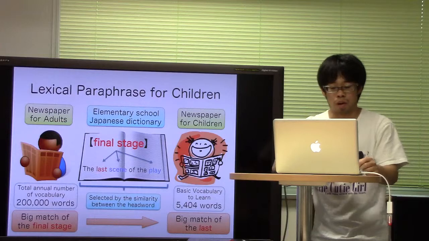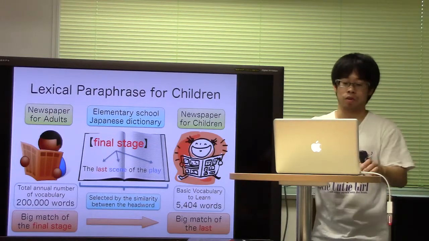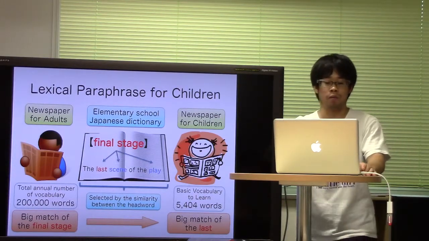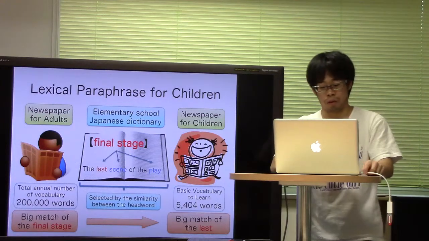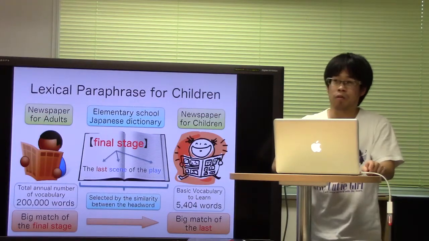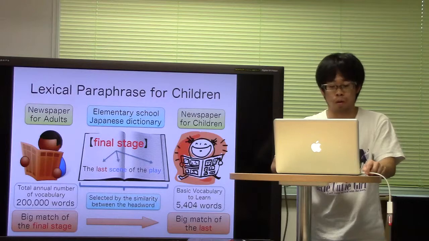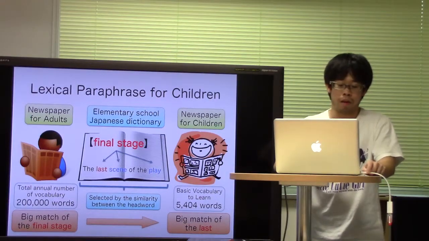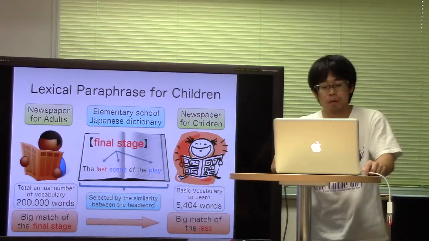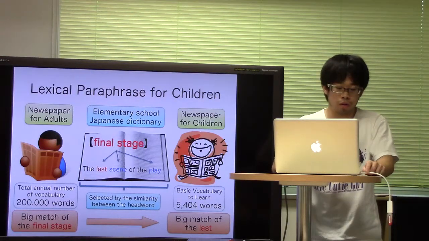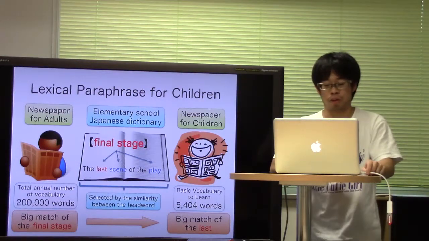We convert the newspaper for the general public into a newspaper for elementary school children by limiting the vocabulary to 5,404 words called basic vocabulary to learn. For vocabulary control, we paraphrase using the Japanese dictionary.